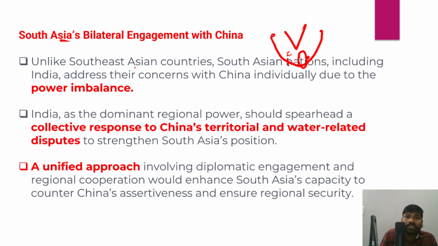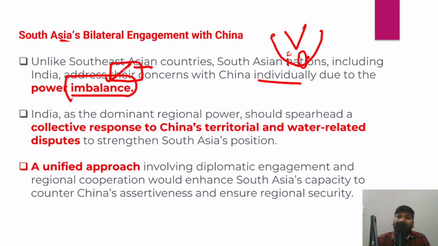Unlike Southeast Asian countries, the South Asian nations, including India, address their concerns with China individually due to the power imbalance. In fact, there is a huge power imbalance between South Asian countries and China. Because of that, they have been trying to address these issues with China bilaterally.